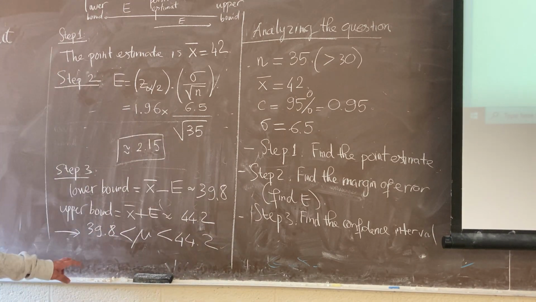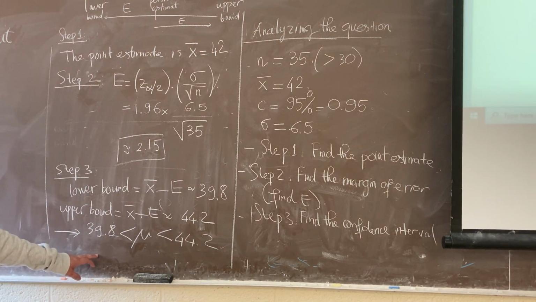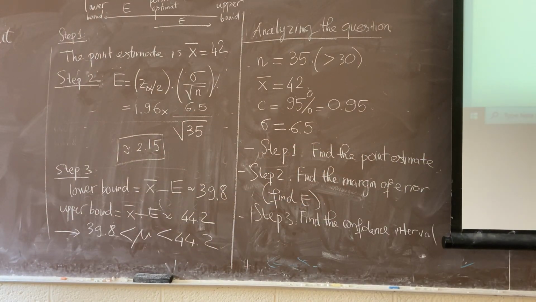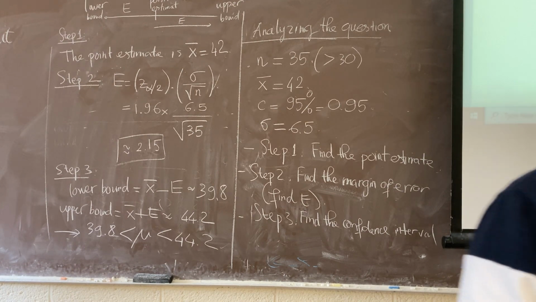That's how we get the interval estimate for the population mean. The population mean will belong to this interval. Is it clear, guys? Those are the three steps to find the estimation for the population mean. Any question?